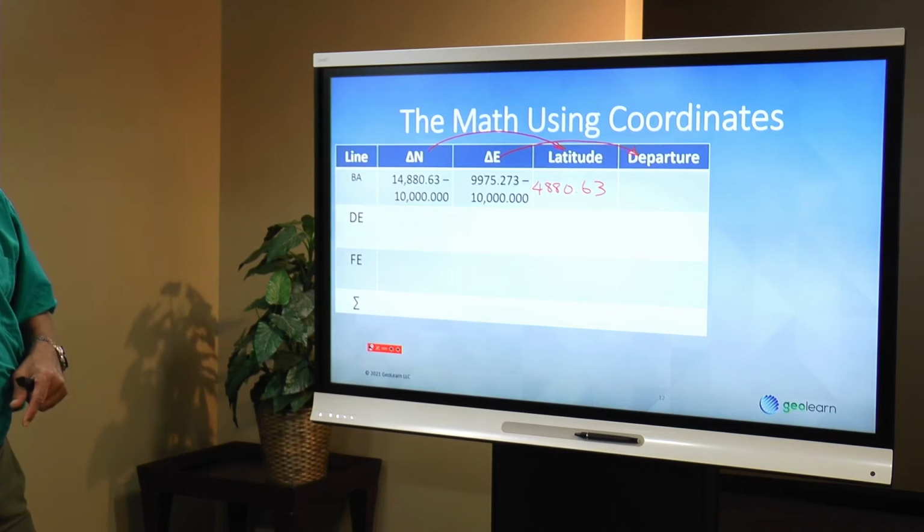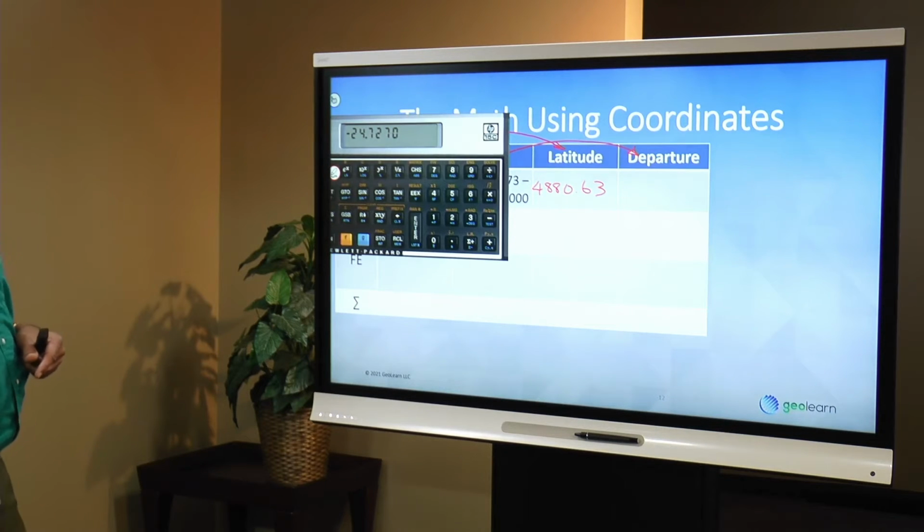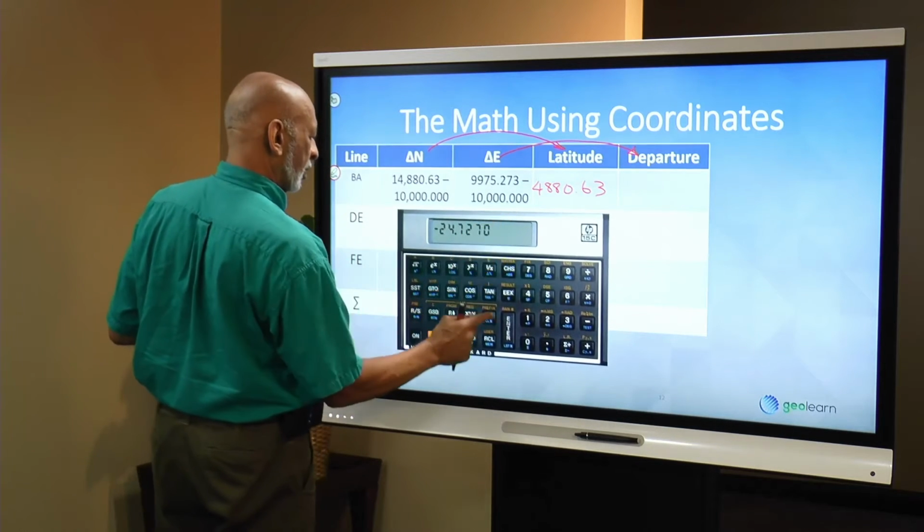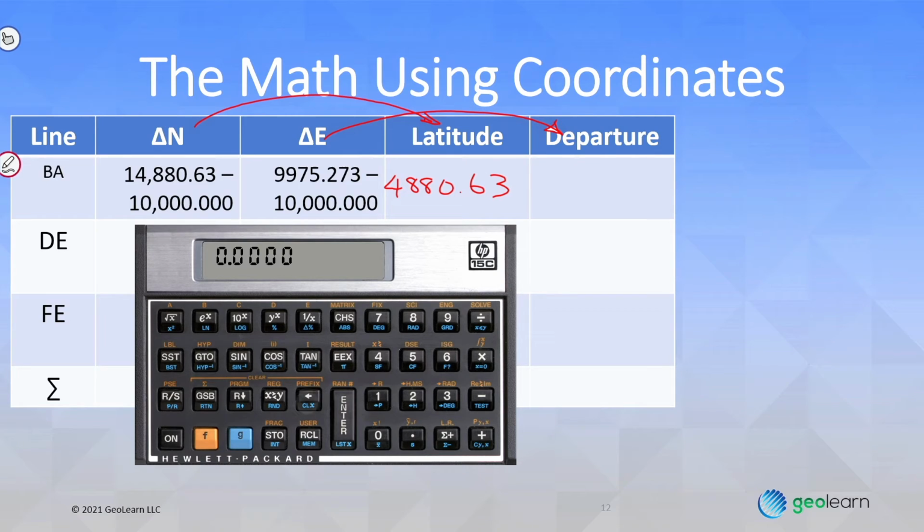You bring up the calculator because I'm subtracting a larger number from a smaller number. So here we have 9975.273 minus 10,000.